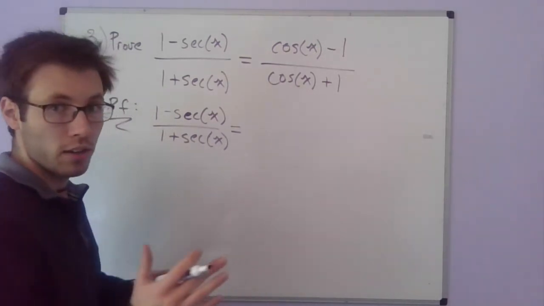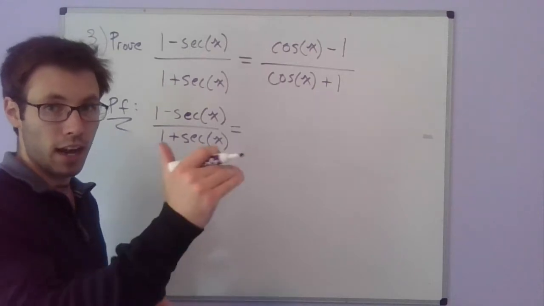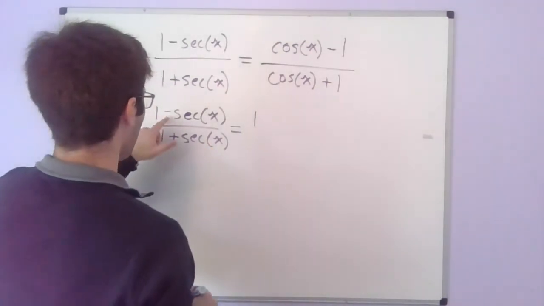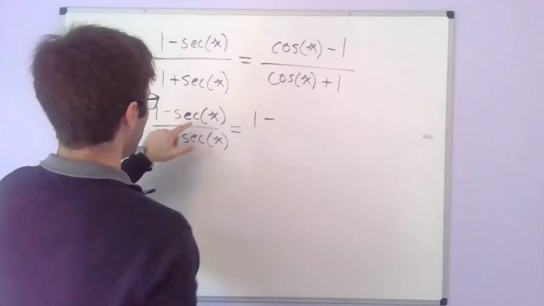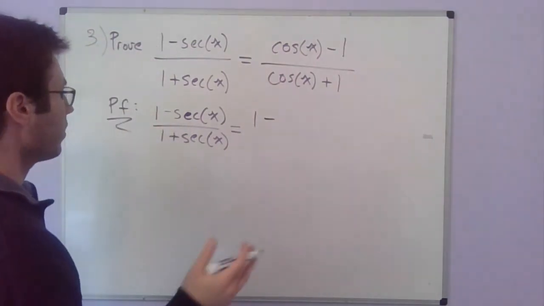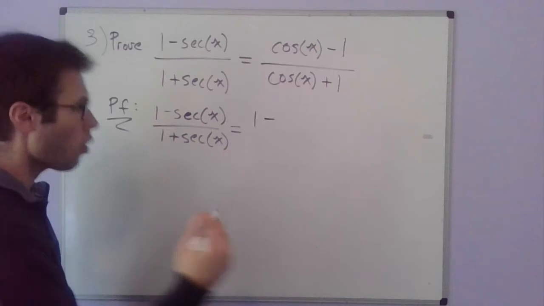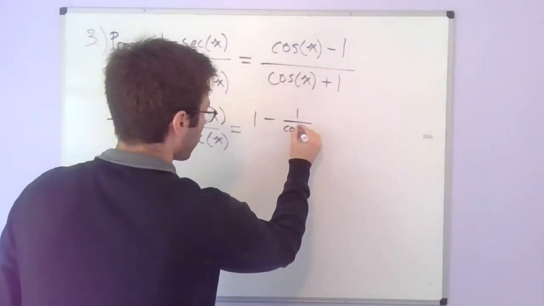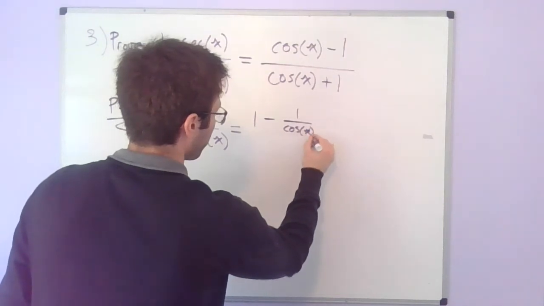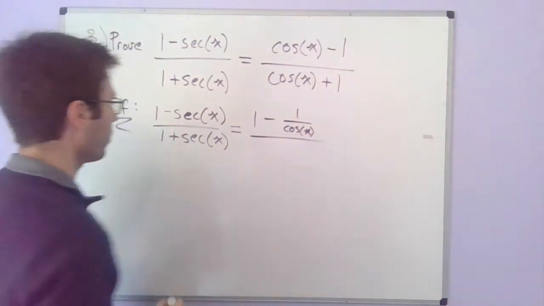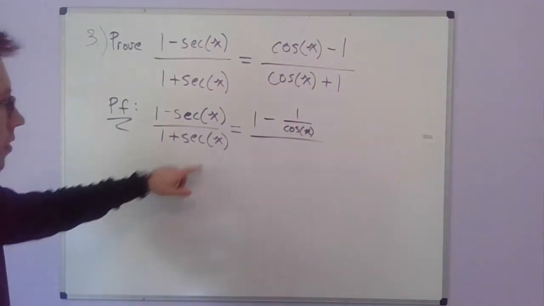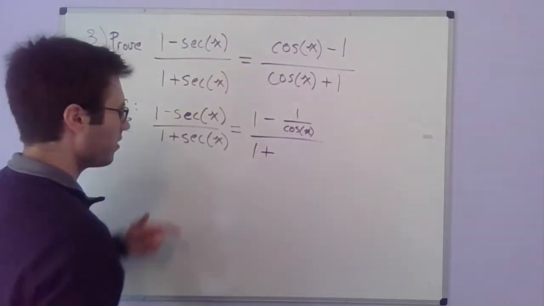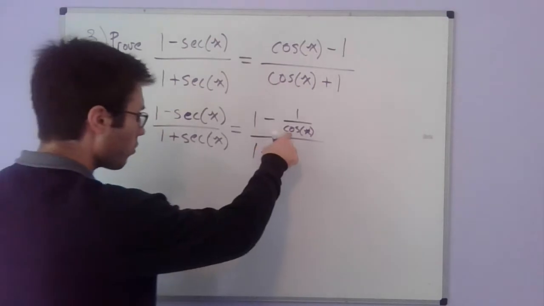The first thing you want to do is write everything in terms of sine and cosine. So I write 1 minus secant x. What is secant x? That's 1 over cosine x. So I'm going to write 1 over cosine x, all over 1 plus, what's secant x again? 1 over cosine x.